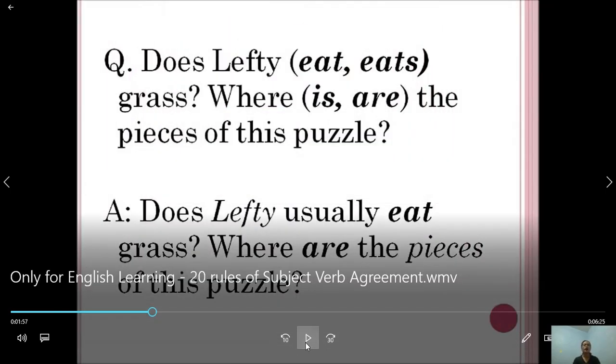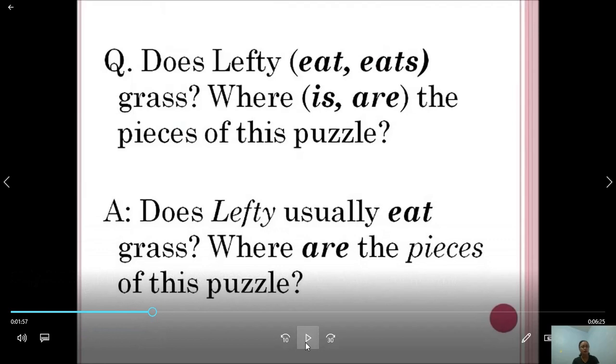Question: Does Lefty eat its grass? Where are the pieces of this puzzle? In the first question, does Lefty eat grass? The answer is eat.